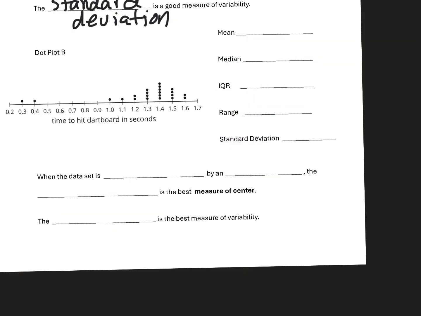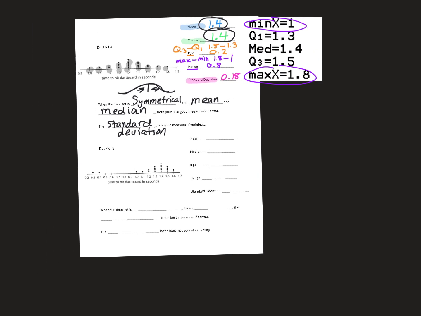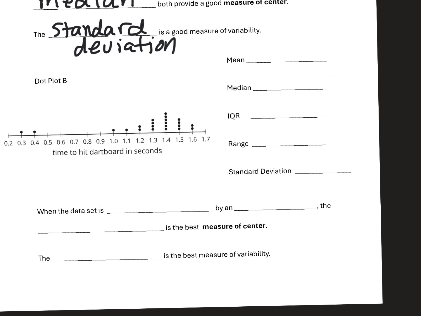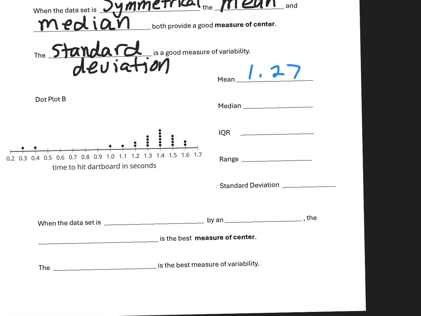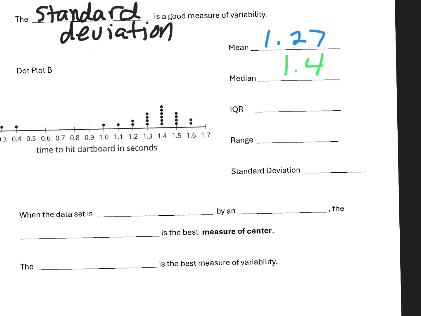Okay, now I've used my graphing calculator to do all the same measurements for the second dot plot as I did for the first, and I got a mean of 1.27. I got a median of 1.4. And I got a standard deviation of 0.33.